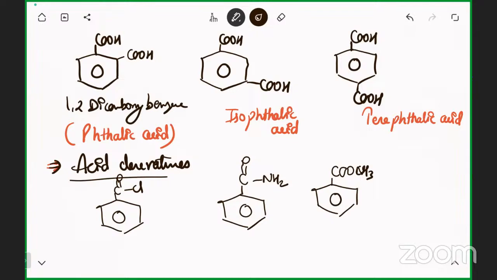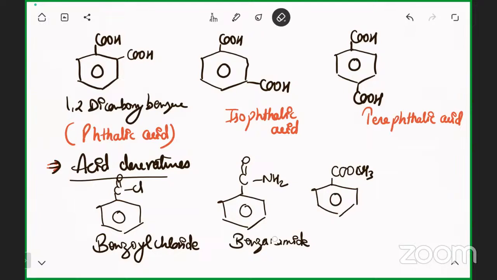So this one is benzoyl chloride. This one is benzamide, not benzenamide. We have done this. This is benzamide, AMIDE.